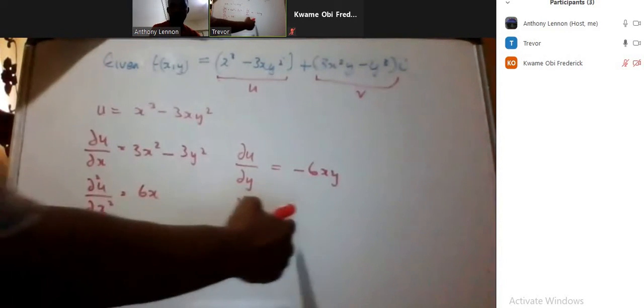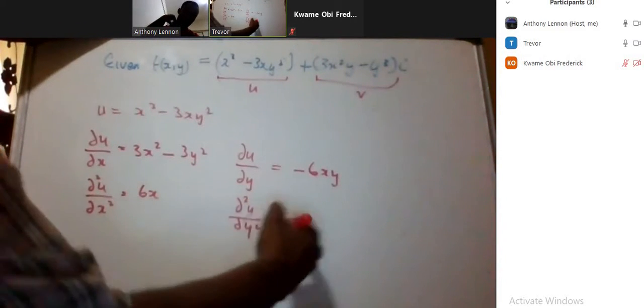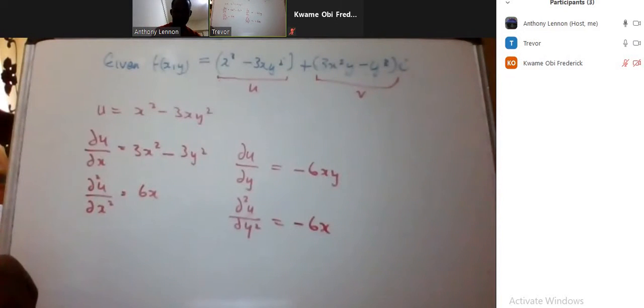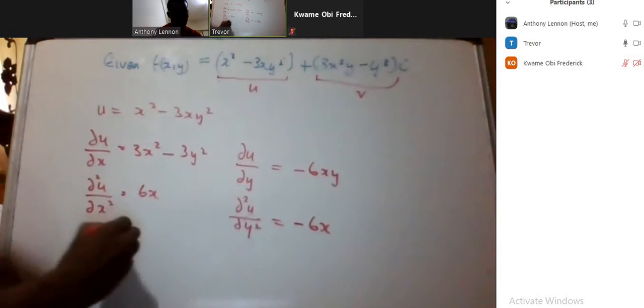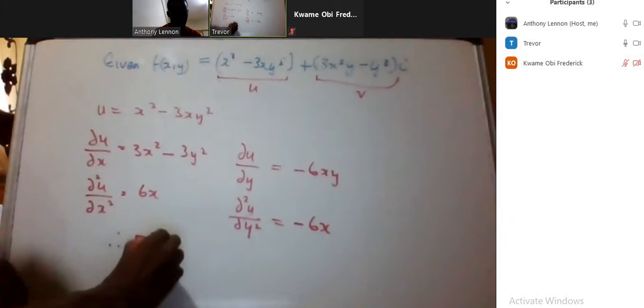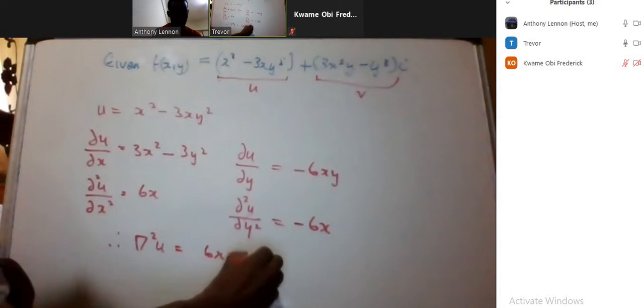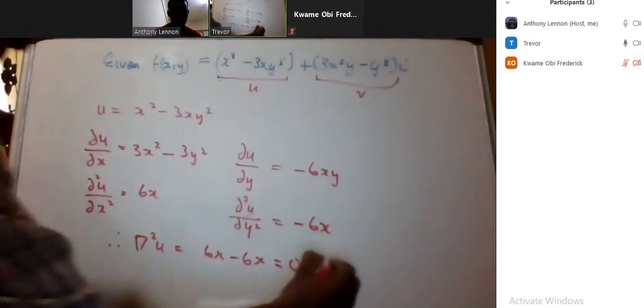Now I differentiate this guy again with respect to y. That is equal to minus 6x, because x will be a constant. And then I add these together, I get 0. Therefore, del squared u is equal to 6x minus 6x is equal to 0. QED.